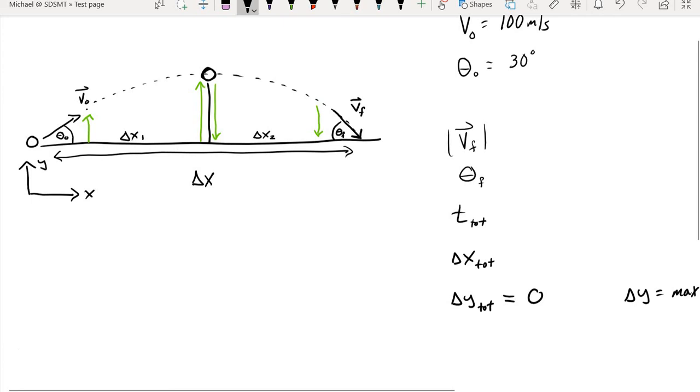I'm specifically avoiding using the term half. I don't want to say the first half or the second half because that implies equality. And I don't know that these displacements are equal just yet. All I know for sure is that whatever the combination of the two, that will have to equal the total displacement.